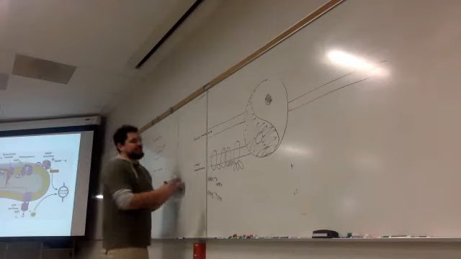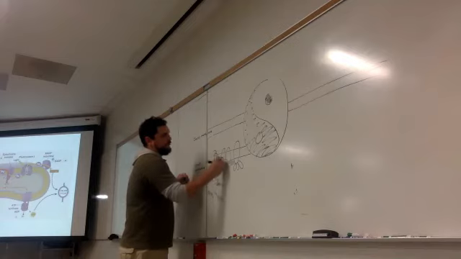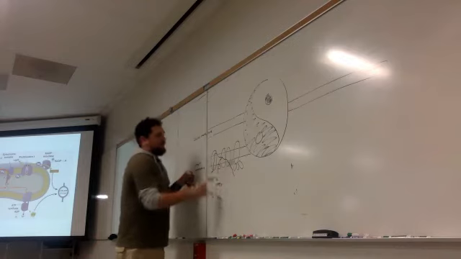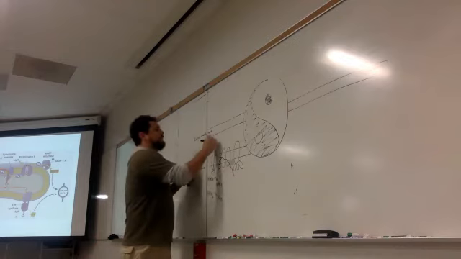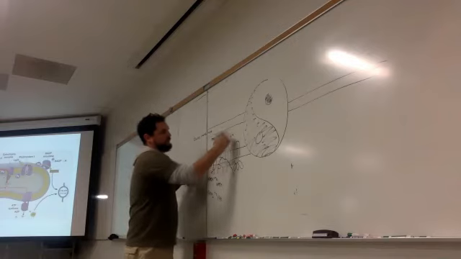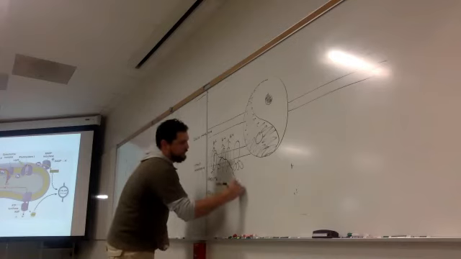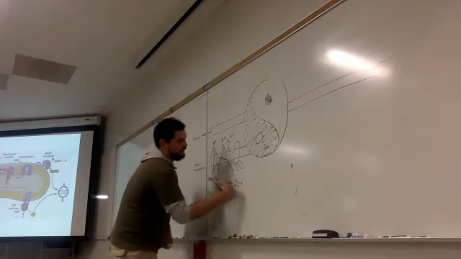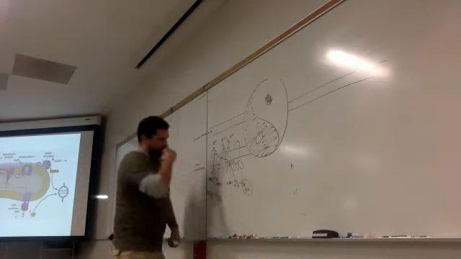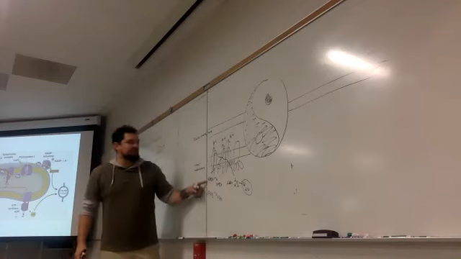During that process, the electrons get passed through all these complexes, and that powers the pumping of hydrogen protons into this inner membrane space. Everyone agrees with this? And the final acceptor is oxygen to form water. So the final electron acceptor is oxygen, starting with NADH and FADH2, which get oxidized.